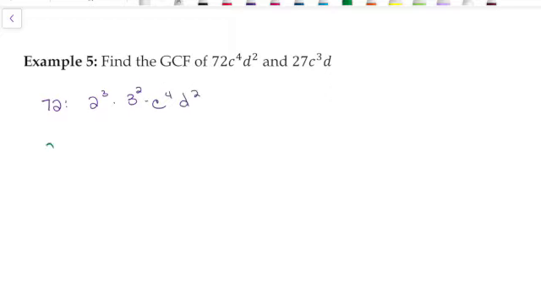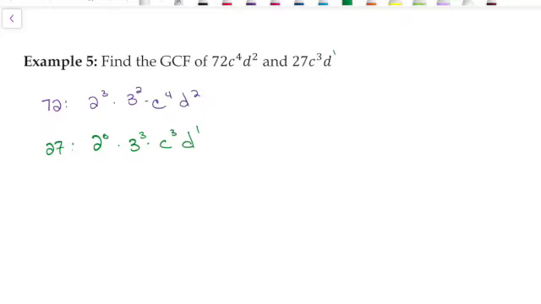And then we've got 27cd cubed. So 27 is going to be 3 times 3 times 3. So there is no 2. So we've got 2 to the 0 times 3 times 3 times 3, 3 cubed, times c cubed times d to the 1, because if there's nothing there, it's a 1.